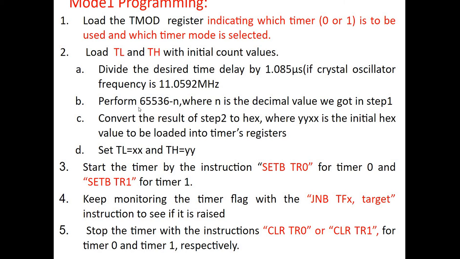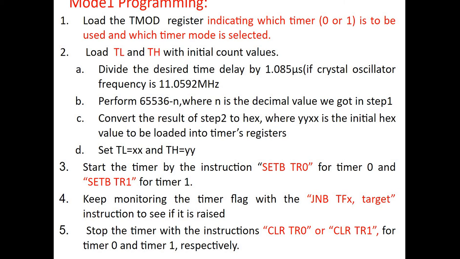After loading the values into TL and TH, the next thing we need to do is start the timer. We have seen how to start the timer using software or hardware.